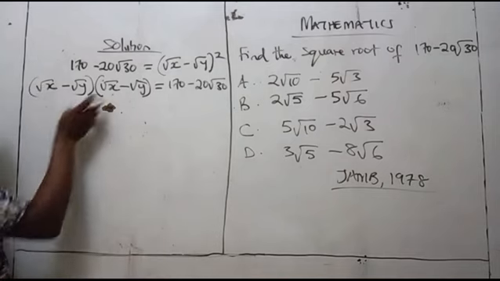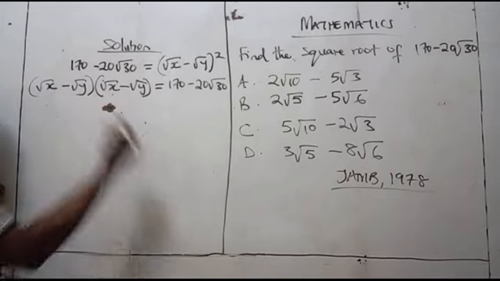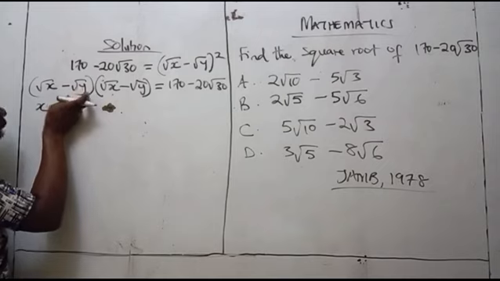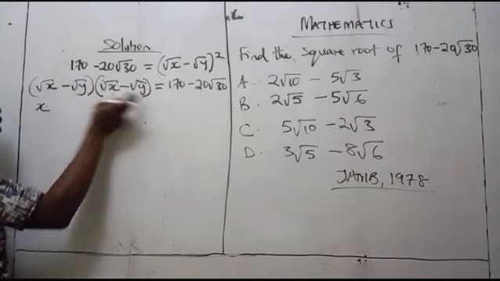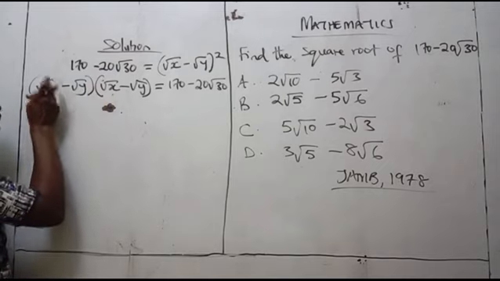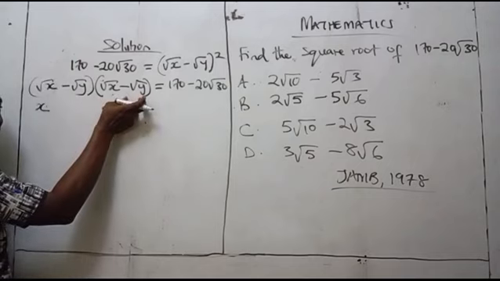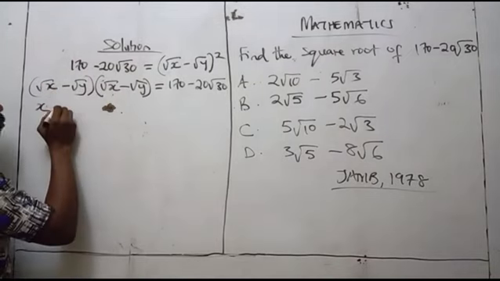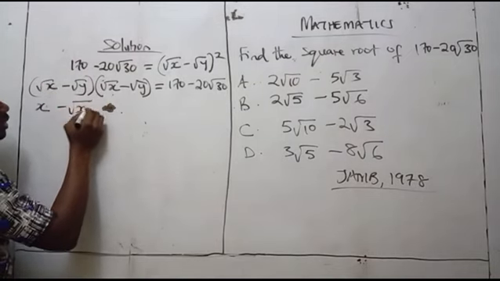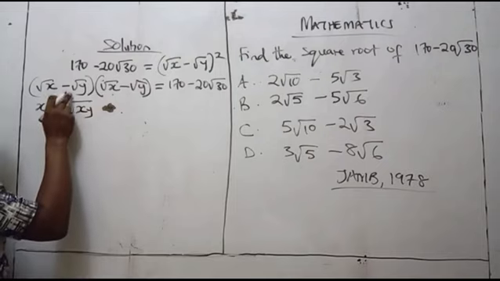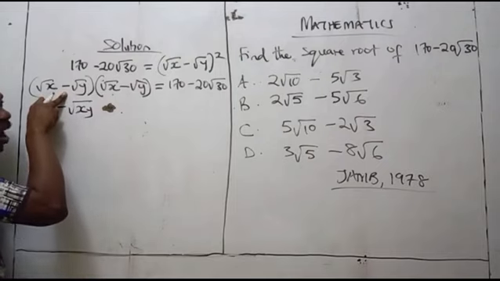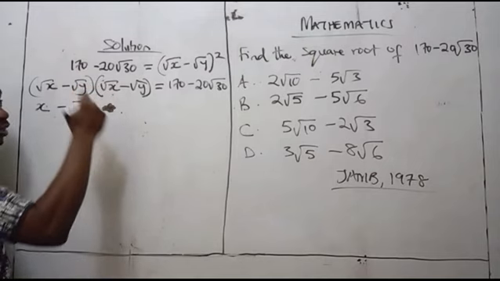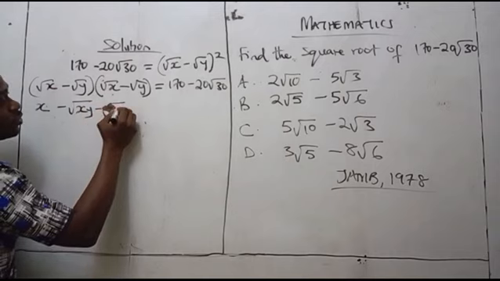Root x times minus root y will give us minus root xy. Minus root y times root x will also give us minus root xy.